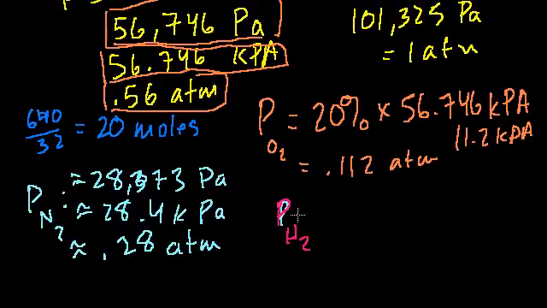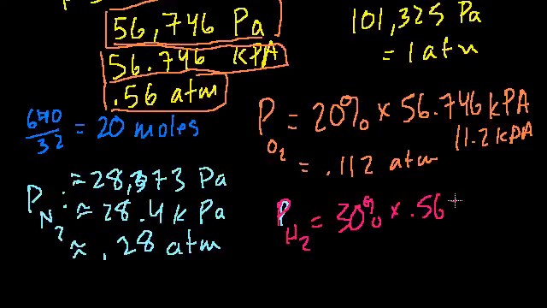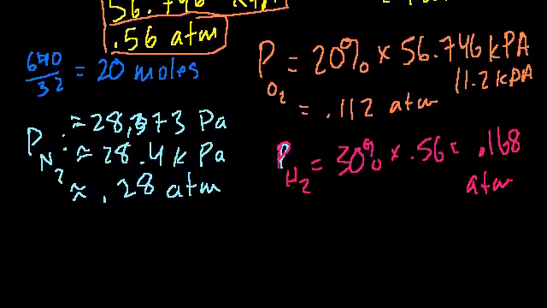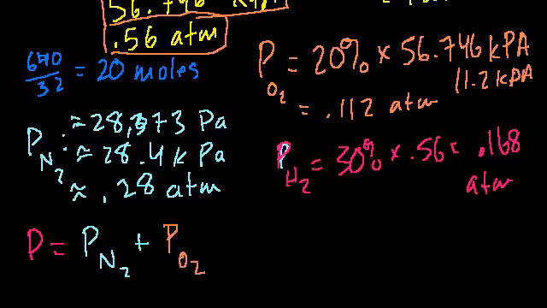But the partial pressure due to hydrogen is just 30% of any of these numbers. Pick one. Let's do it in atmospheres. 0.3 times 0.56 is equal to 0.168 atmospheres. And so the total pressure should be equal to the sum of the partial pressures of each of the gases: the partial pressure of nitrogen, plus the partial pressure of oxygen, plus the partial pressure of hydrogen.